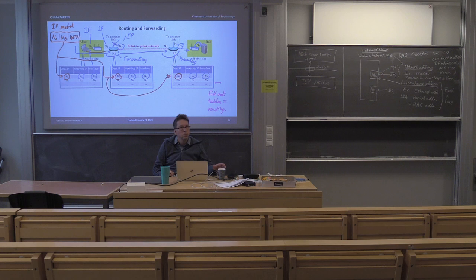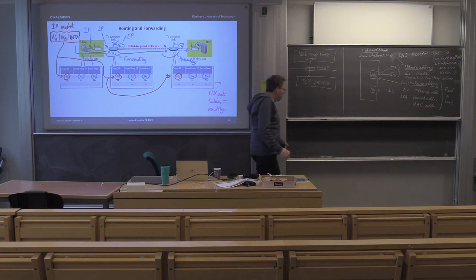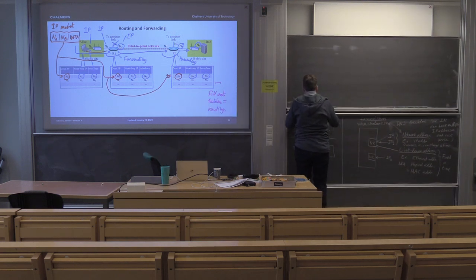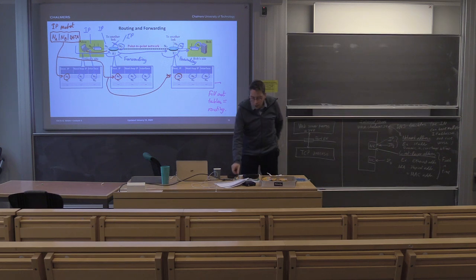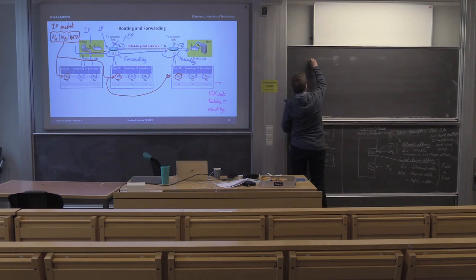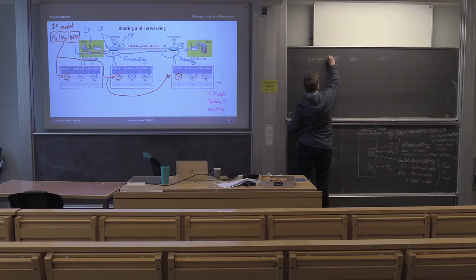Yes? Are these tables huge, since there are multiple? Ah, that's an excellent question. So how big are these tables? If one would have an entry for each IP address, we know IP version 4 has 32-bit addresses.